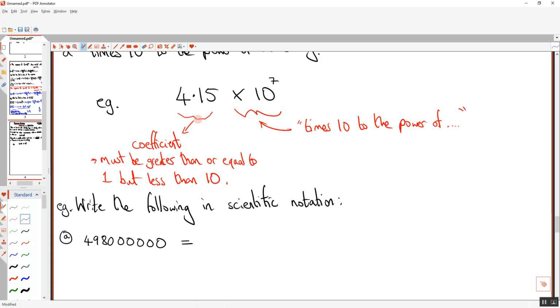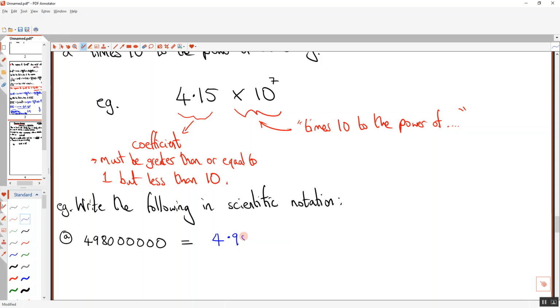All right, so we said our first number must be greater than or equal to 1 and less than 10. So looking at what we've got here, what do you think our coefficient is going to be? Yep, Nicholas? All right, 4.98 seems like the sensible thing.